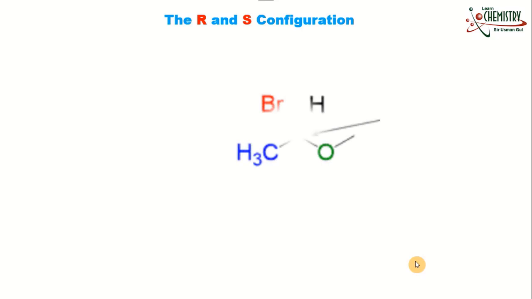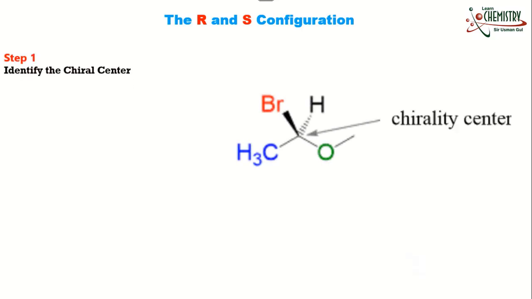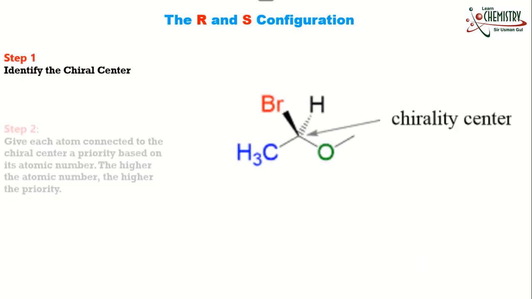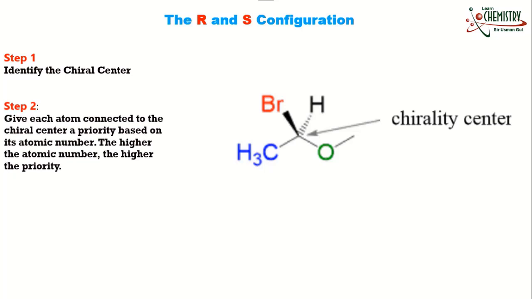The simple criteria: the first step, we will identify the chiral center. Second, give each atom connected to the chiral carbon a priority based on its atomic number. The higher the atomic number, the higher the priority. Now there are 4 different groups, and bromine has the highest atomic number.